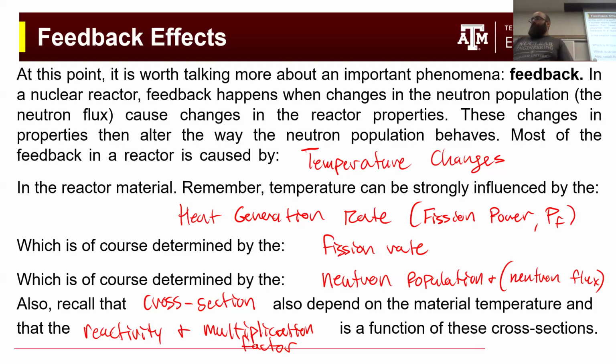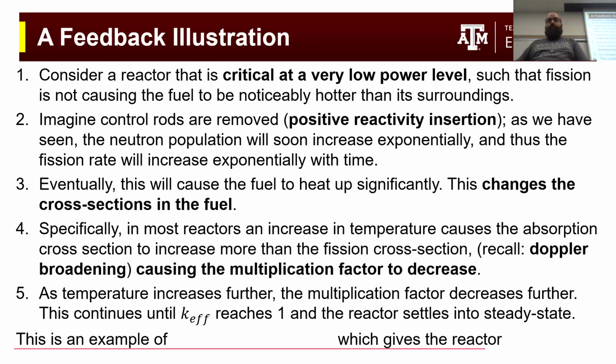The next thing we want to do is give a simple illustration of a possible feedback process. We have a reactor that's critical, but at a very low power level. That means the fission production is so small that we're not really heating things up much, and the reactor core is at a similar temperature to the surroundings.